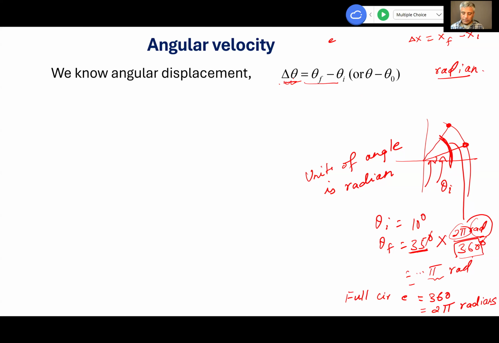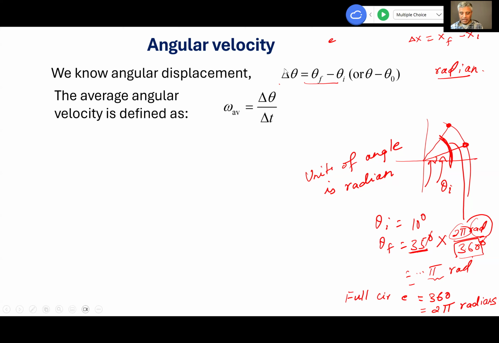Now, just like average velocity, we can write average angular velocity by dividing by the time interval. So AV here means simply average. And notice the notation. This is not W. It's curly, right?